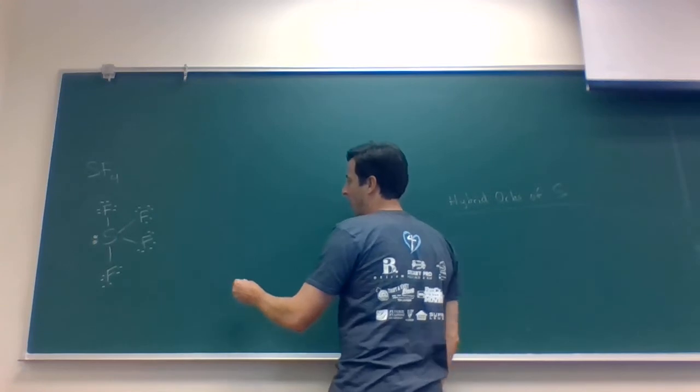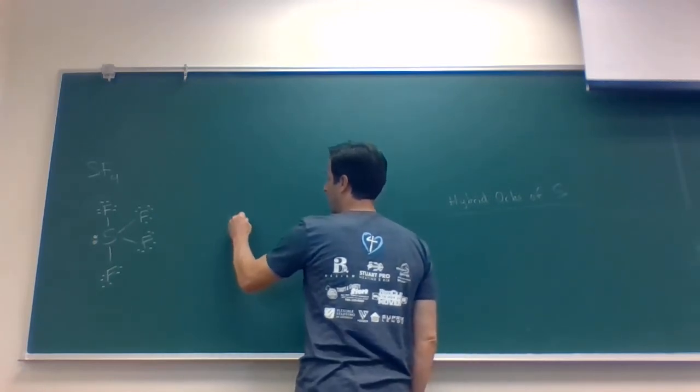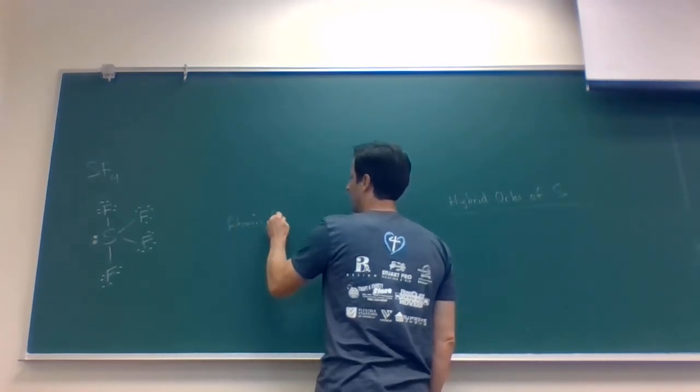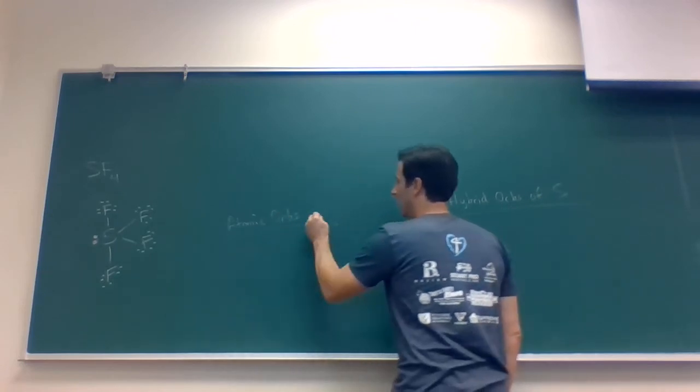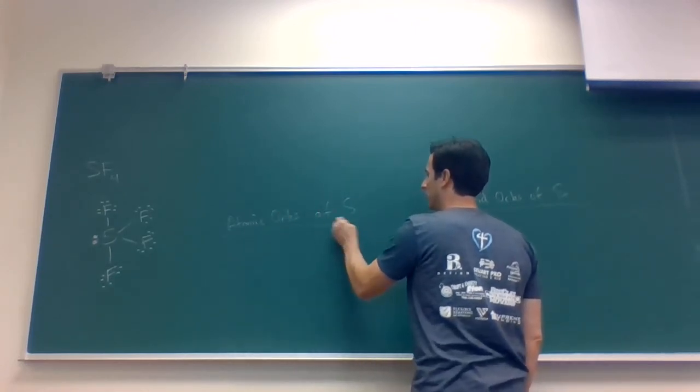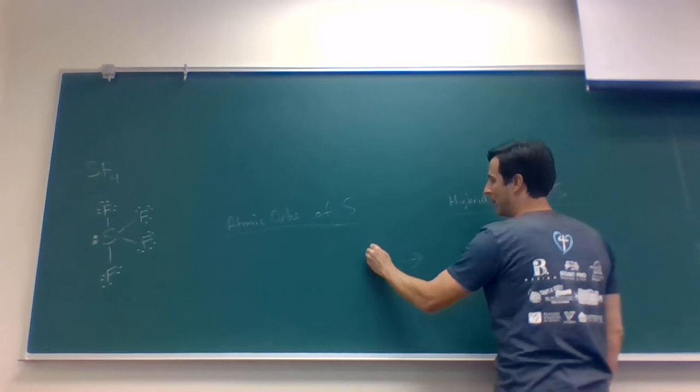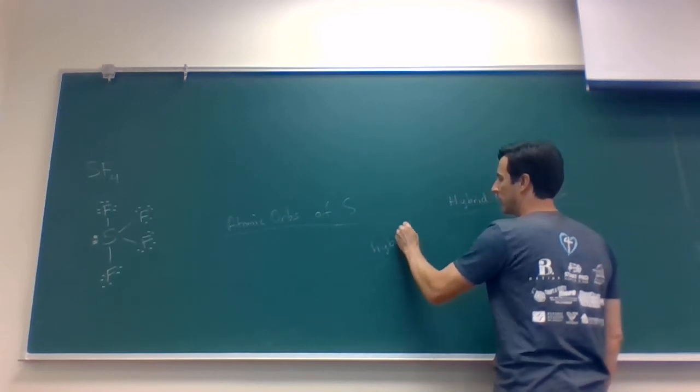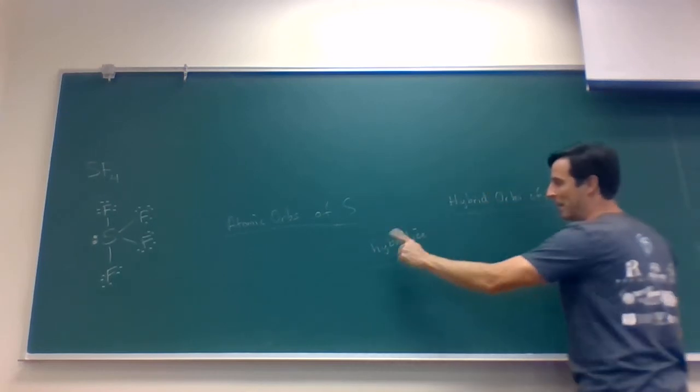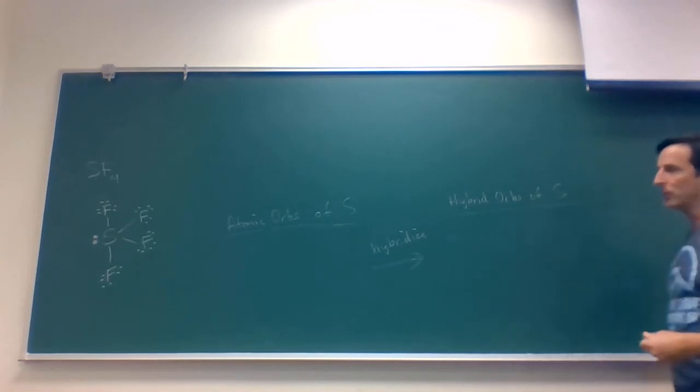So for SF4, again, atomic orbitals of sulfur. I hybridize. So that's like mixing them together, and then I get my hybrid orbitals.